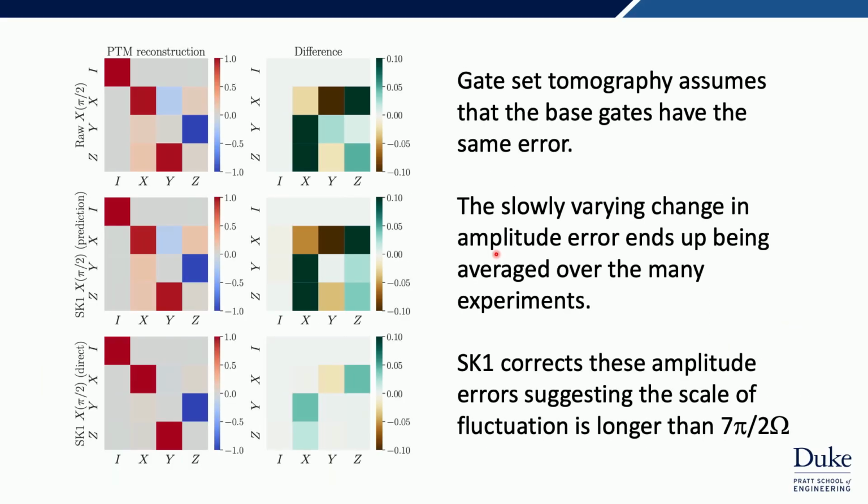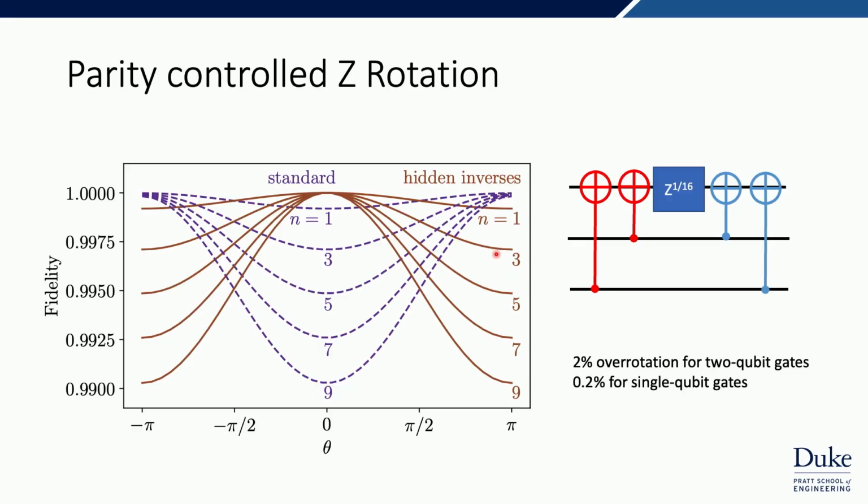OK, so now what about the control knots? Here we have a classic example from a digital circuit where you have a Z rotation, then this cascade of C knots. Then we compare numerically, with an over rotation and some under rotation.